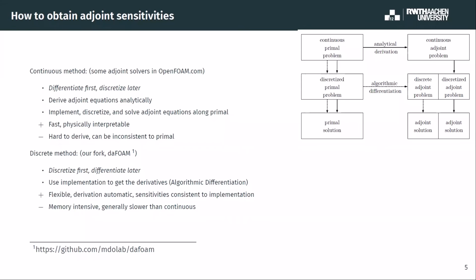So as long as the implementation does what you actually intend, you hope that you get a decent result. The major disadvantage is that it's very memory sensitive. You need a lot of memory, which especially in this day and age is a bit of a headache, because everybody is going to GPU and HPC clusters, and the amount of memory per node you are getting is kind of shrinking. But there are ways to tackle this. And generally, it's a bit slower than the continuous approach.